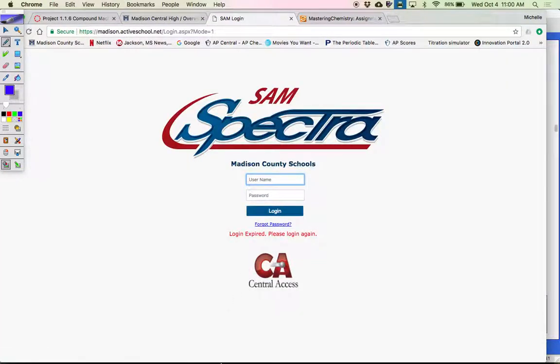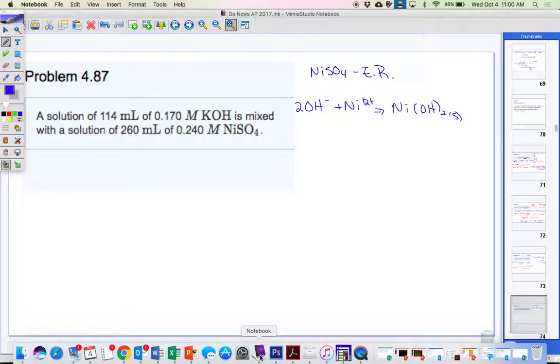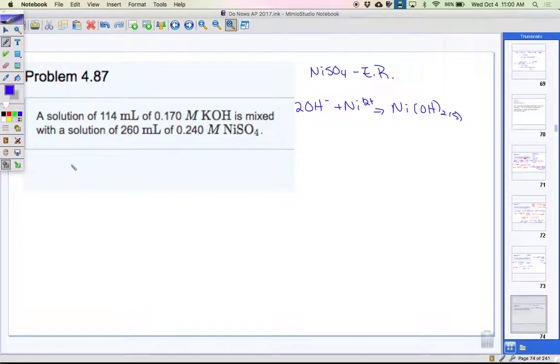So we have to figure out how much nickel is in the solid and how much nickel is still in the solution, and then subtract to get how much is left in the solution. How can we find out how much nickel is in the solid? We can do the same thing we just did: stoichiometry, going from the limiting reagent to the excess reagent.